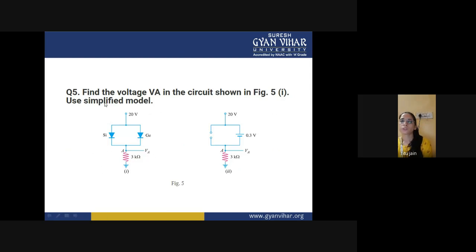Now, the question is saying to find the voltage VA in the circuit shown in the figure and use the simplified model. So you have to find this voltage VA.